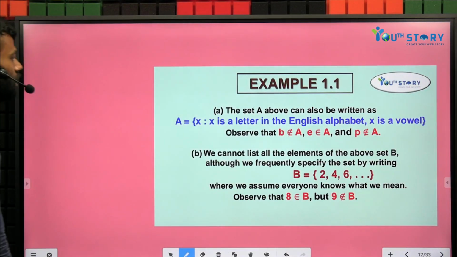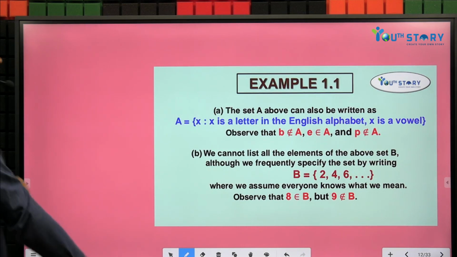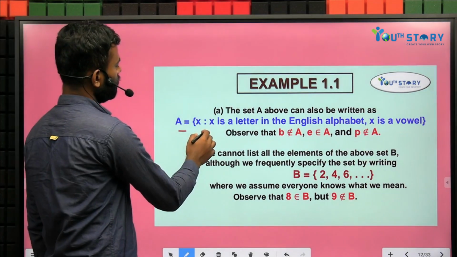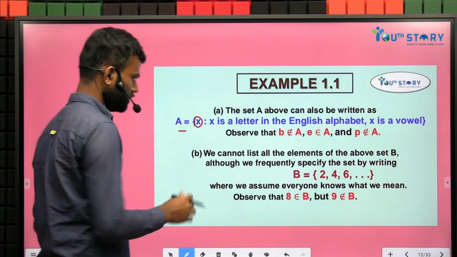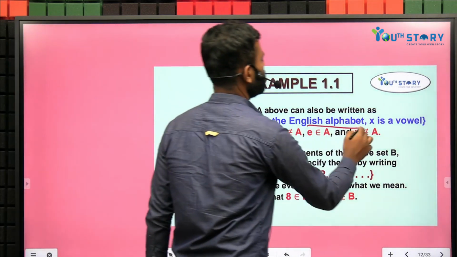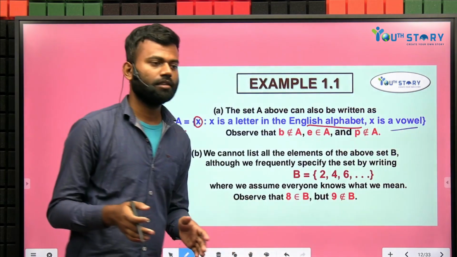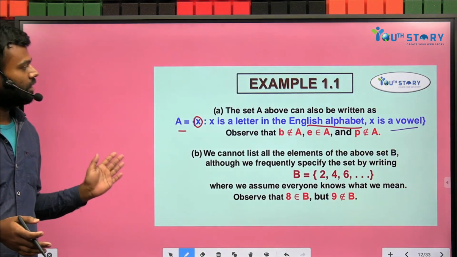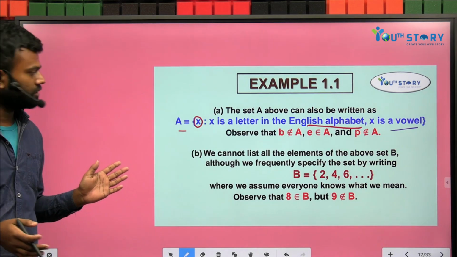Now consider this set capital A, where we are taking those elements x, letters of the English alphabet that are vowels. So we are rejecting the consonants.